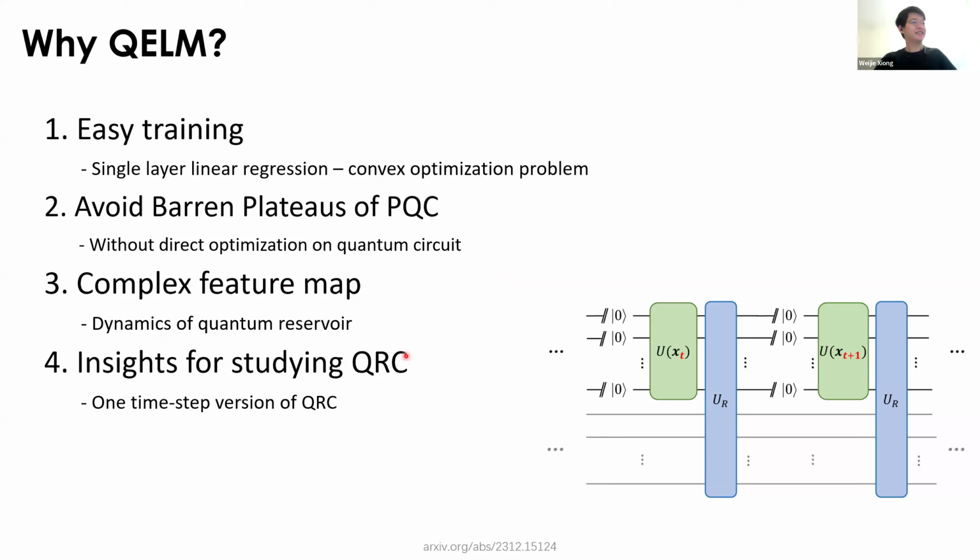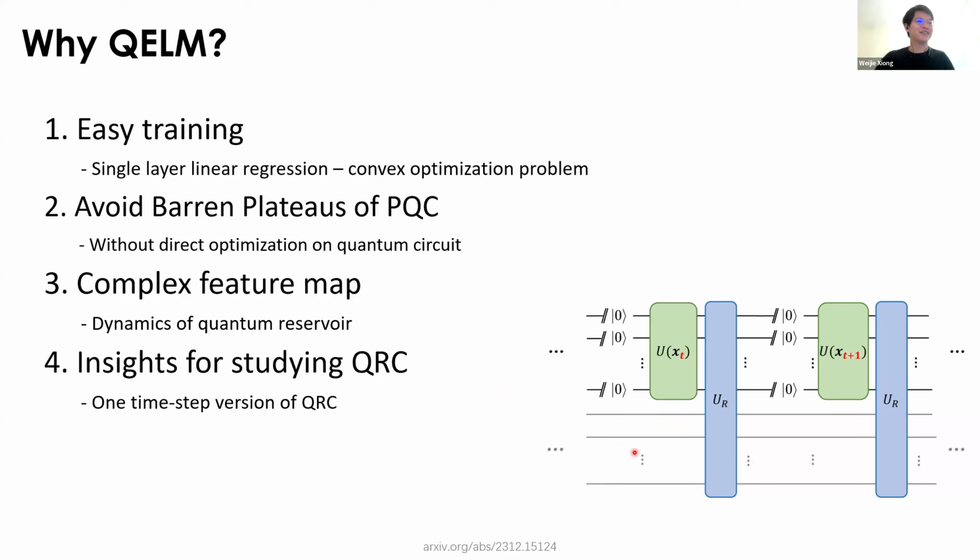And finally, it's also a motivation for us because we are super interested in quantum reservoir computing. Quantum reservoir computing is a kind of multi-step version of QELM, or maybe I should say that QELM is a simplified version of quantum reservoir computing, which only has one layer.